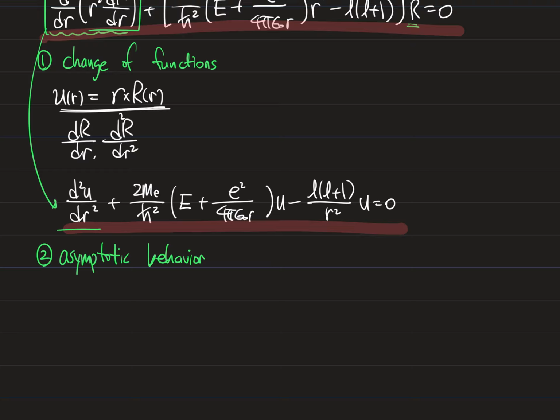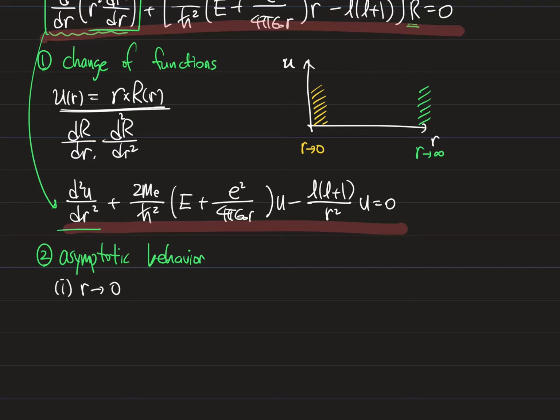So along the independent variable r, you want to plot function u. This region corresponds to r converging to 0, and this region corresponds to r diverging to infinity. So we try to understand the functional behavior at both ends.